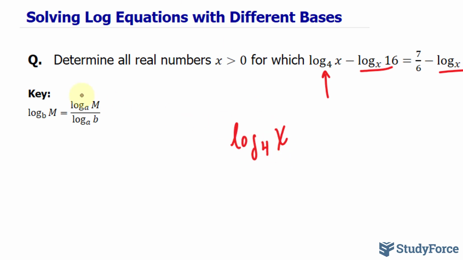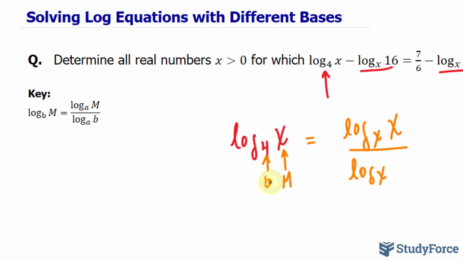If we match this to the formula here, 4 represents b and x represents m. So we'll write down log base 4 of x is equal to log, and a will be the base that we want. The base that we want is x. So log of base x, m was x, over log of base x again, and b was 4.